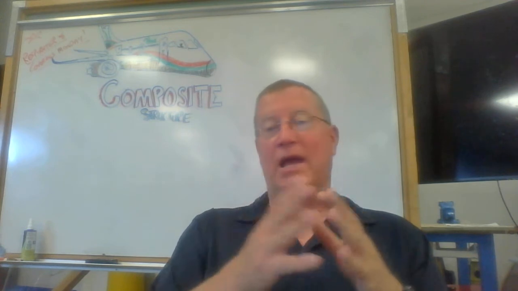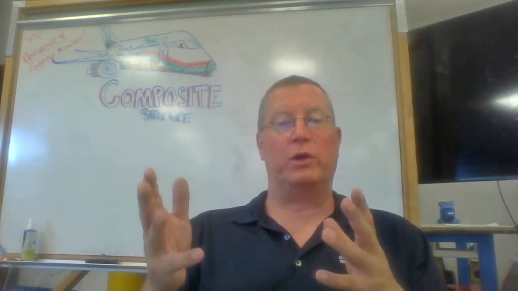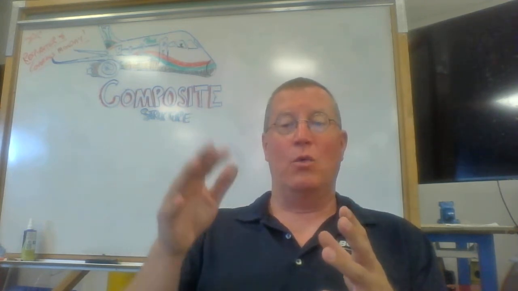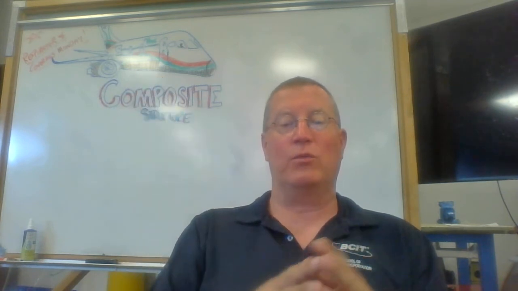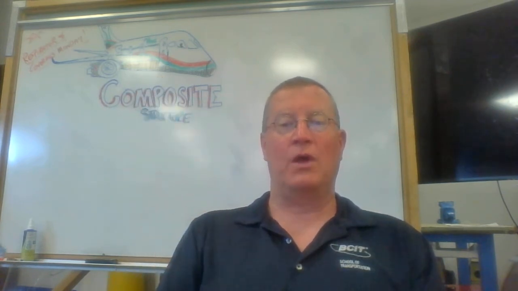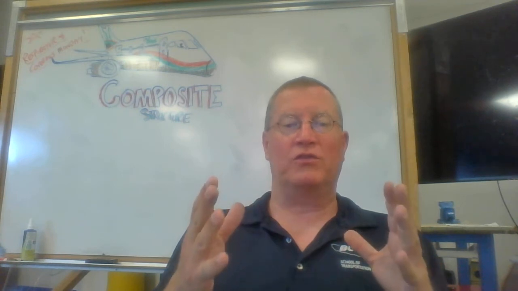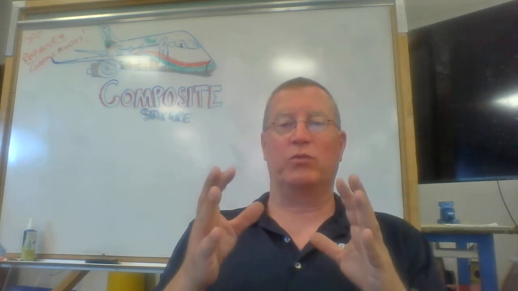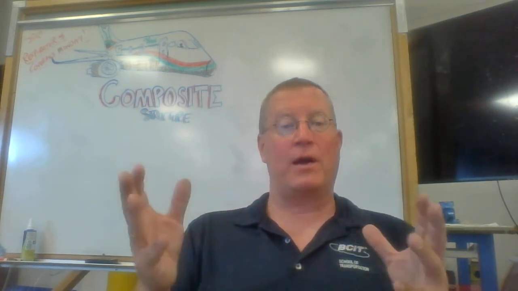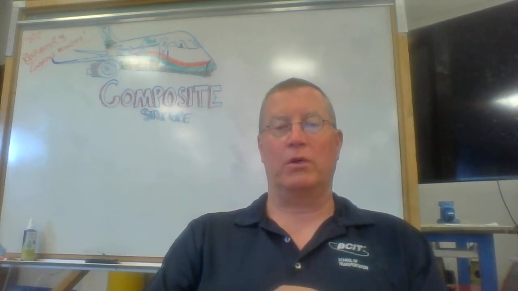We may have cross 90-degree fibers, which we call our weft or fill fibers. We may have fibers on an angle, in which case we're going to be looking at bias fibers. The fiber direction is super critical to providing us with strength in the direction that the fiber runs, right? And that's super critical.